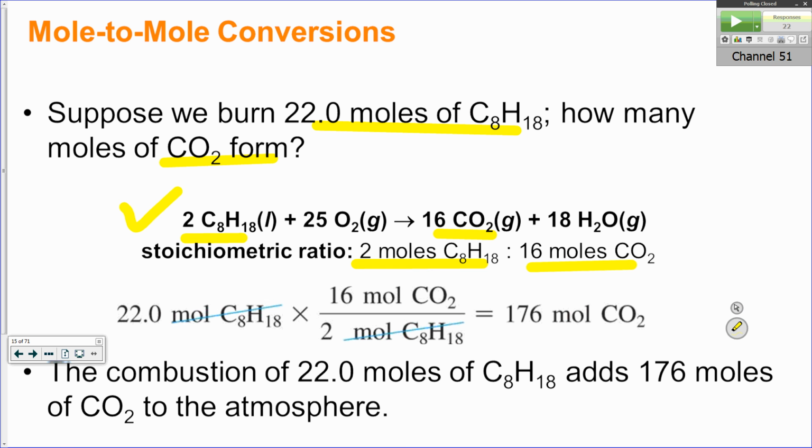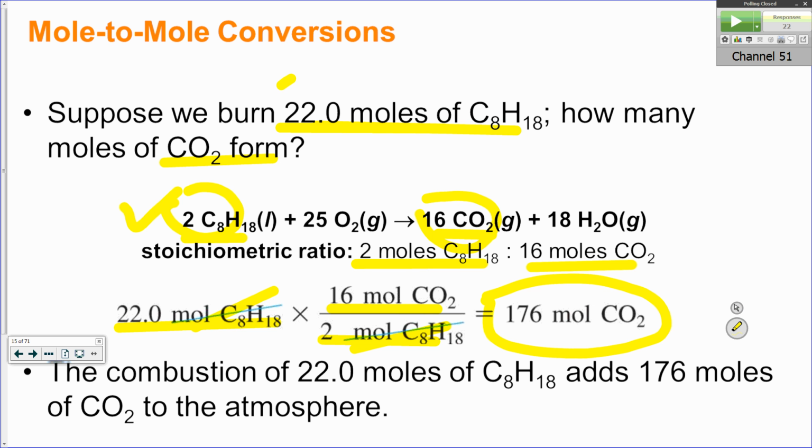Then you start with what you know on top. I've got 22 moles of octane, so I write that on top. My relationship is 2 moles of octane per 16 moles of CO2. The moles of octane cancel out top and bottom, and I'm left with moles of CO2.